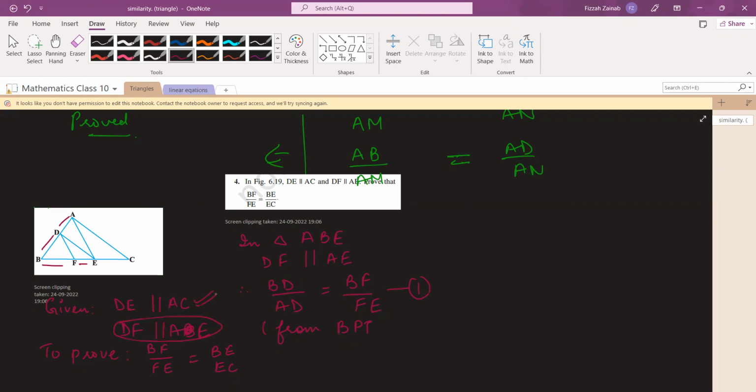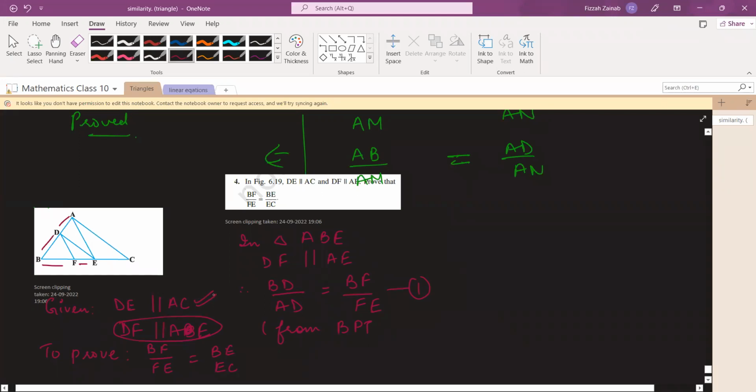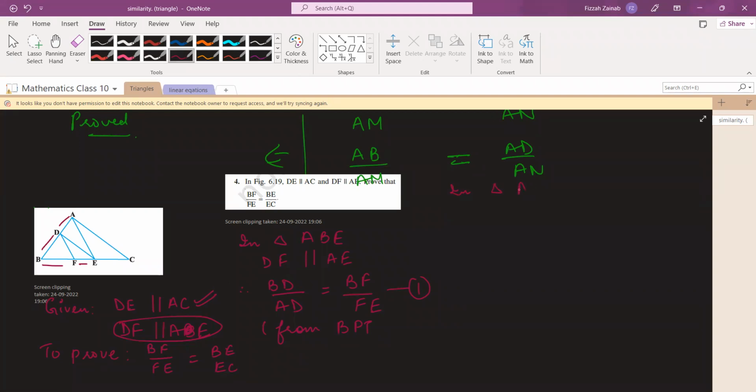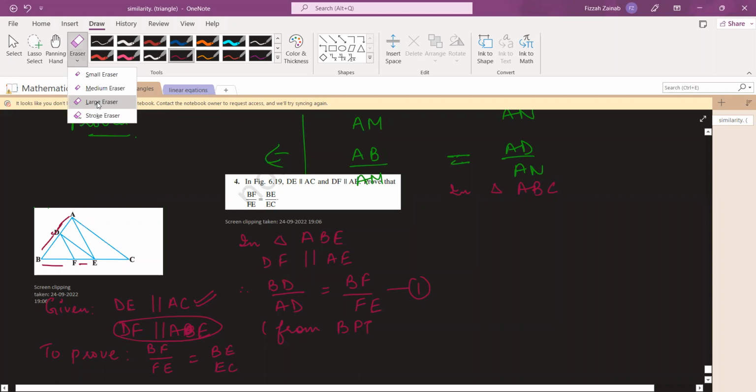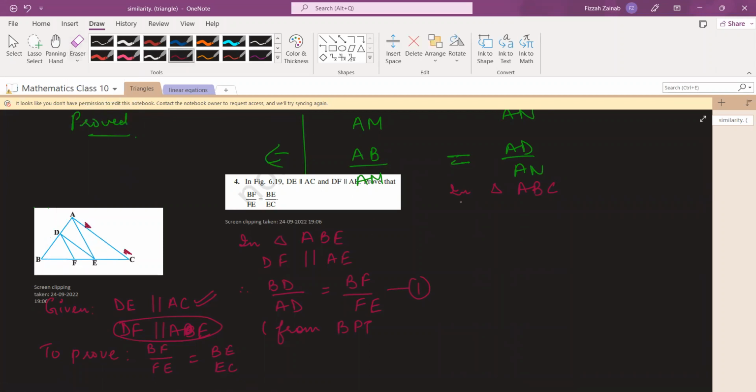Now come to this information which is given. So DE parallel to AC, that means we have to take triangle ABC, right? So in triangle ABC, see this DE is parallel to AC. So that means triangle ABC you have to take. Understood? So in triangle ABC, I have DE parallel to AC.